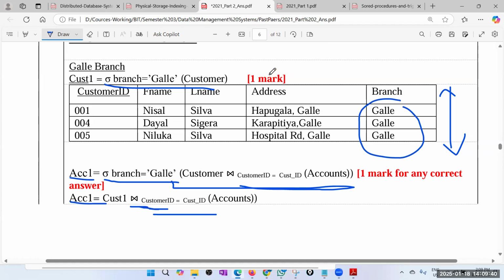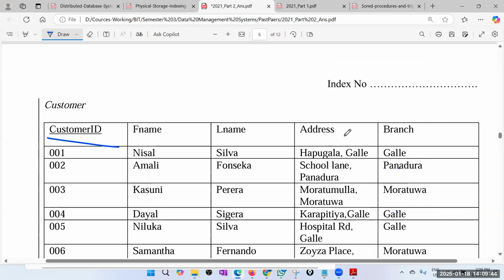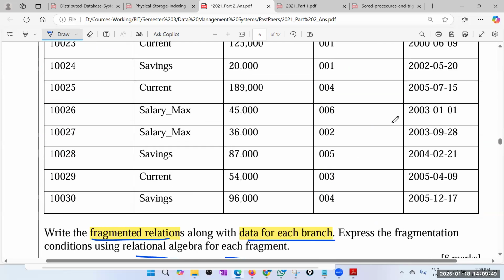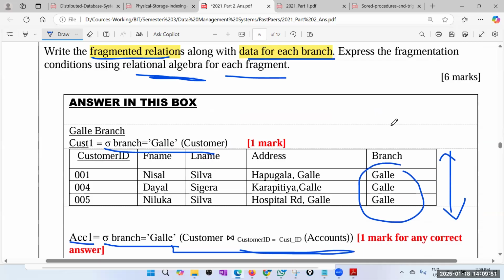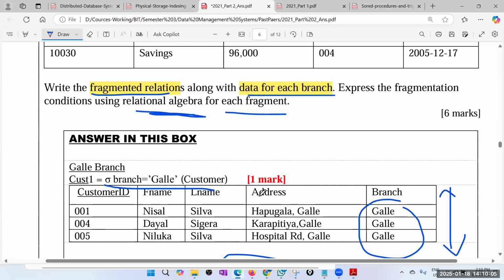Because this is your expected output, the branch name is not here. But the customer table has a branch name, right? Then why did they join? So these are all coming from the customer table. Why do you want to join? That is my question. If they have joined, there should be something that is not in the customer table. First name, last name, address, branch.